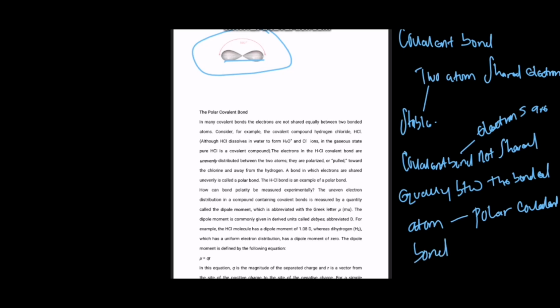What I'm saying in essence is that the polar covalent bond is just like a covalent bond in which the electrons are not equally shared between the two bonded atoms.